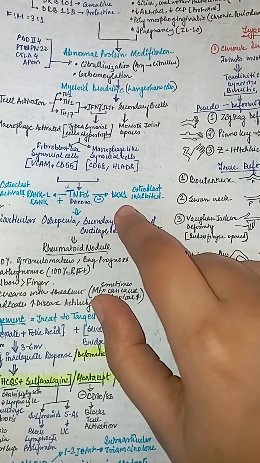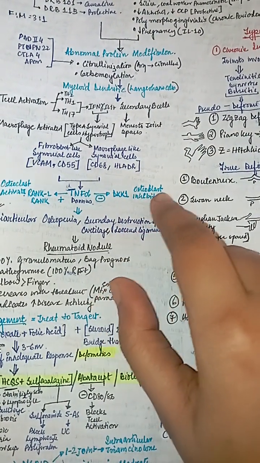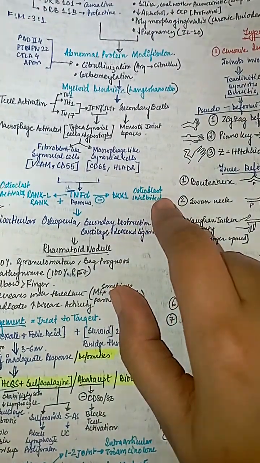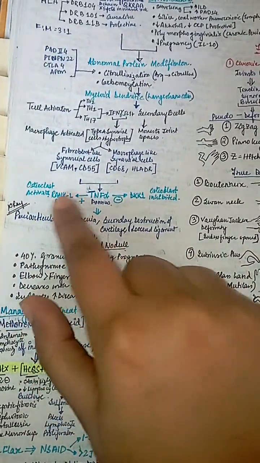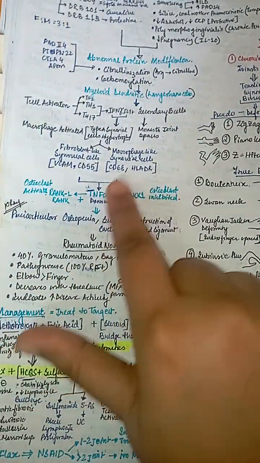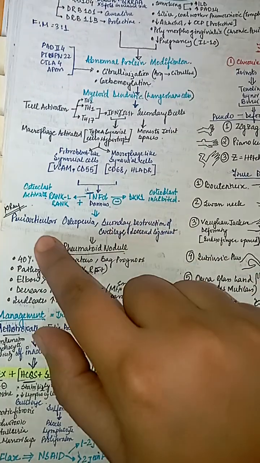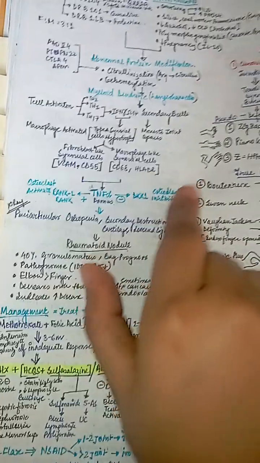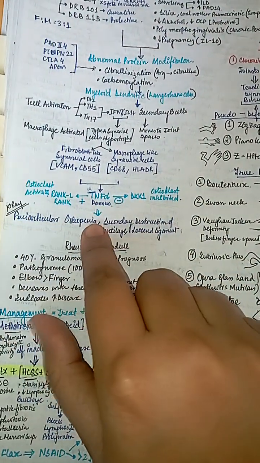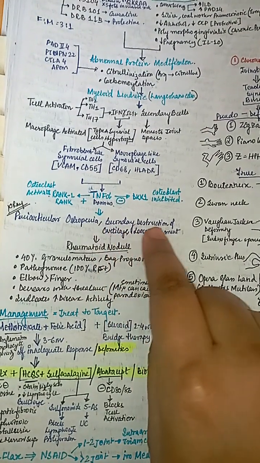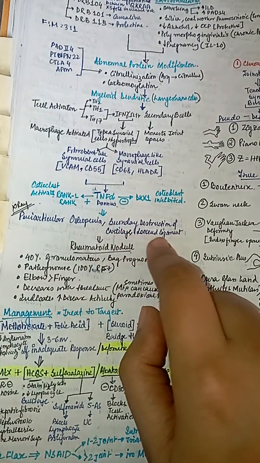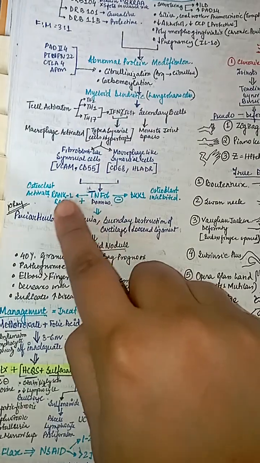And this increases DKK1, which causes osteoblast inhibition, resulting in resorption of bone more than formation of bone. This causes periarticular osteopenia and secondary destruction of cartilage and loosening of the ligament.